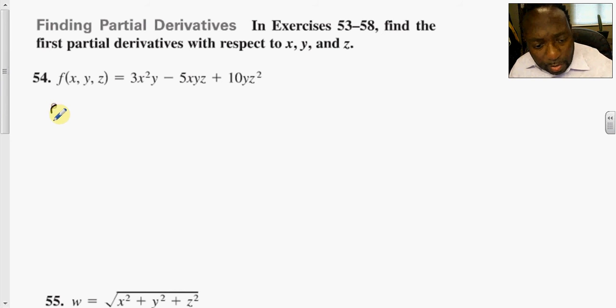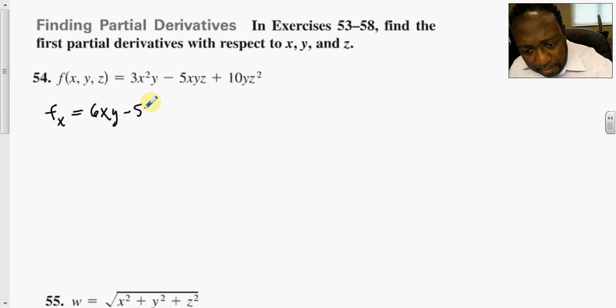So we find the partial derivative here of f with respect to x, and just use my short notation. This is 6xy minus 5yz. Find the partial derivative of f with respect to y.